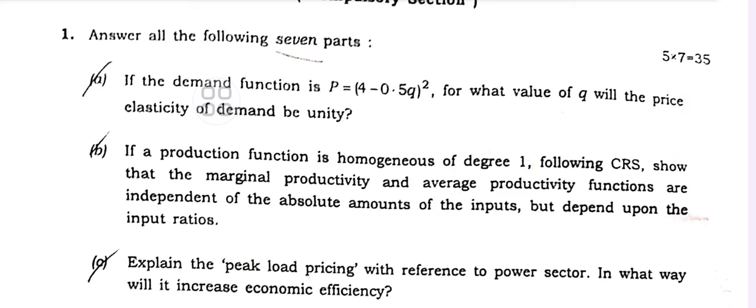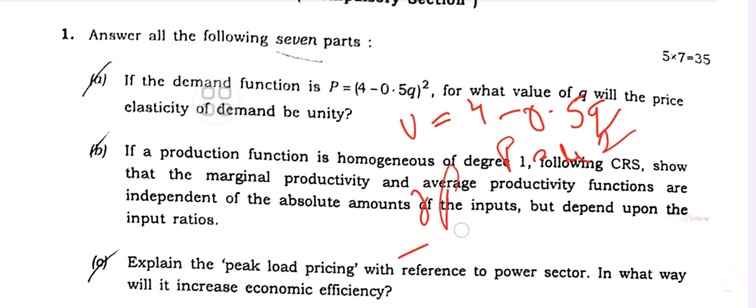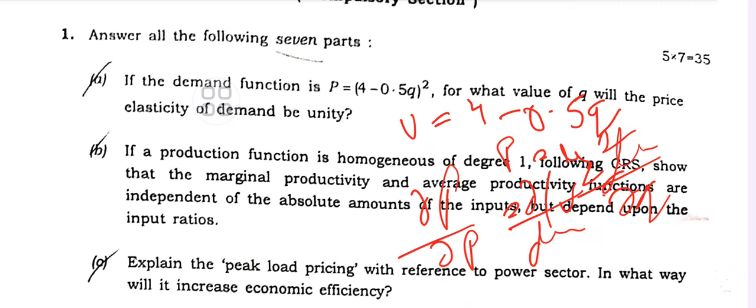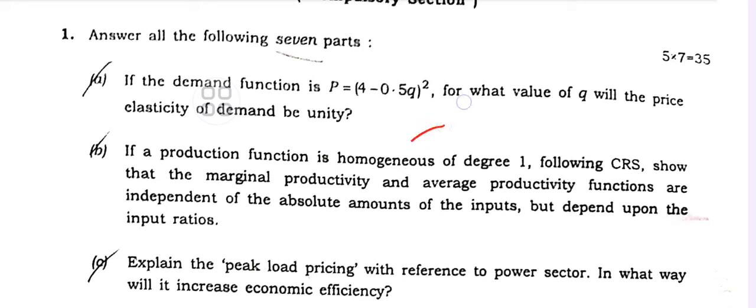Let u equal 4 minus 0.5 Q. Then P equals u square, right? So dP by dQ is dU square by dU into dU by dQ, which comes to minus 4 plus 0.5 Q. Now, what is price elasticity of demand?